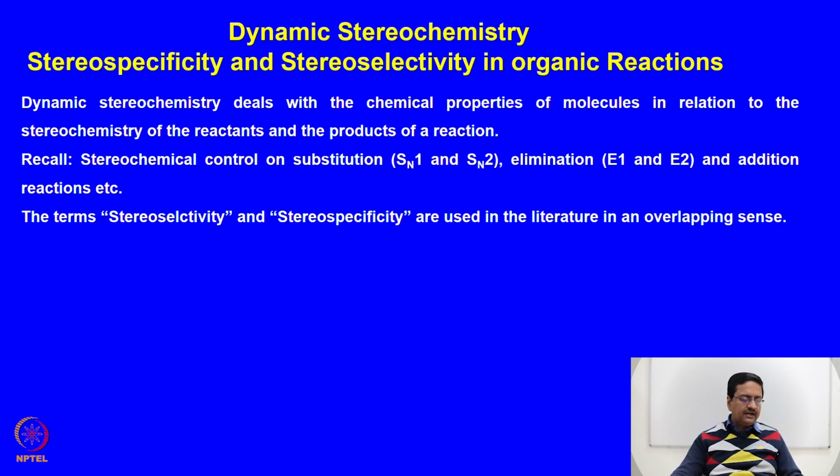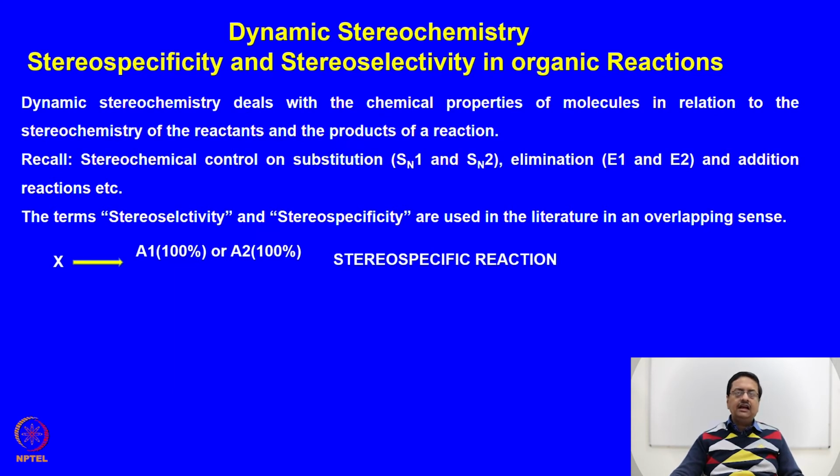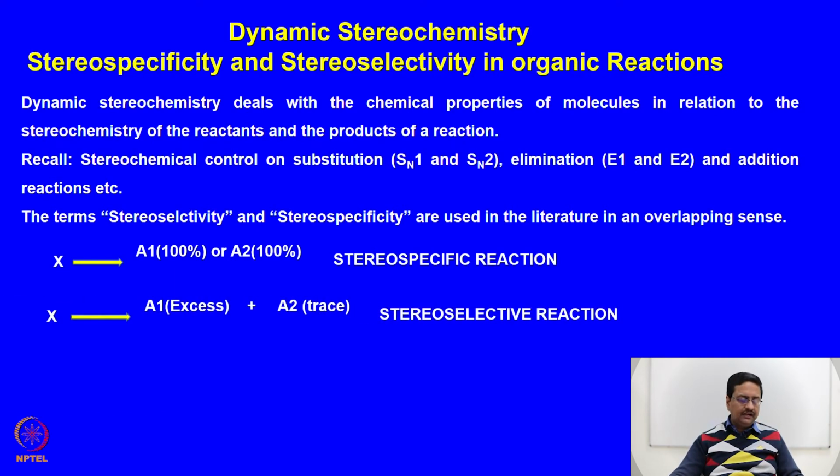When we try to define the terms stereoselectivity and stereospecificity, they are used in the literature in an overlapping manner, so we need to understand these two terms very clearly. Suppose we have a substrate X, and in a reaction it gives either a compound A1 or another compound A2, one of them in 100% abundance and the other isomer not formed.